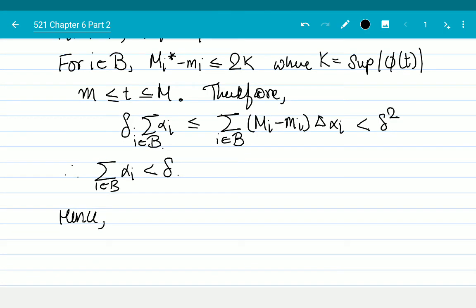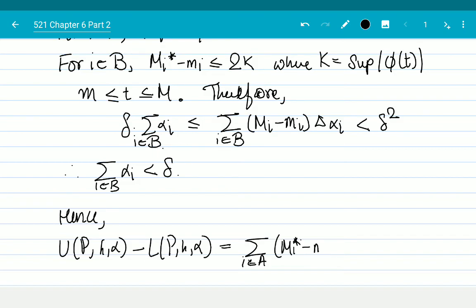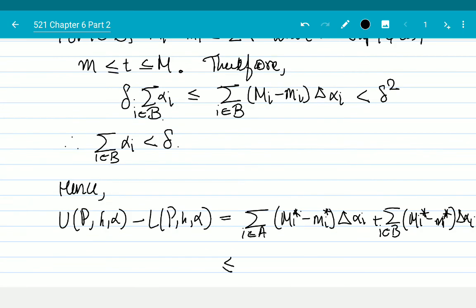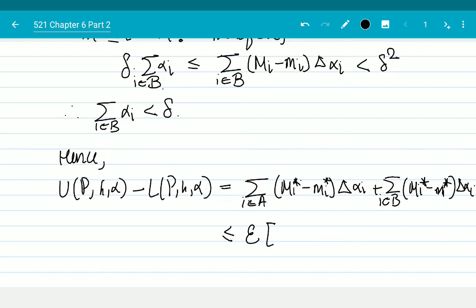Hence U of P, h, alpha minus L of P, h, alpha is equal to, in this case, summation over i belongs to A of Mi star minus small mi star delta alpha i plus summation over i belongs to B of Mi star minus small mi star delta alpha i, which is smaller than or equal to epsilon times alpha B minus alpha A plus 2 times k delta.